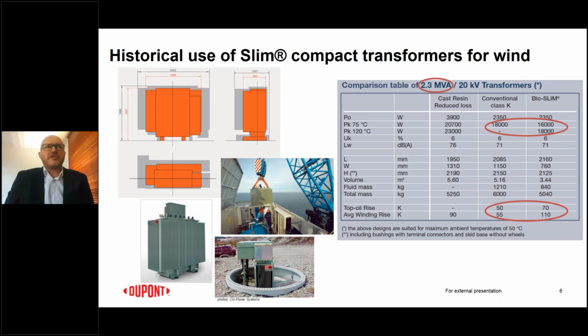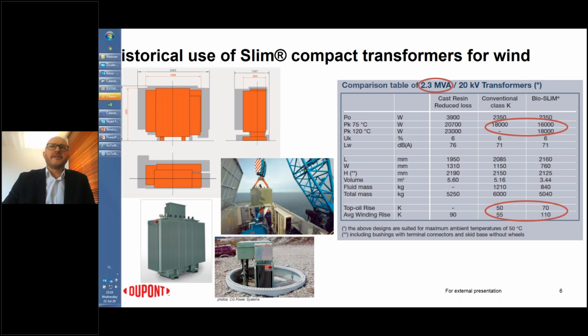The picture only shows the visualization of how much smaller the transformer can be. This is just an example of a 1.5 MVA transformer. And this was really a breakthrough that was a great benefit for the turbine developers, where the transformer could fit in the tight spaces of the turbine system.